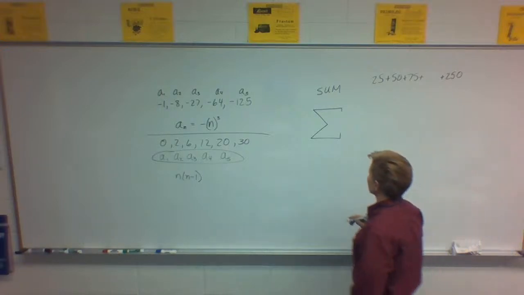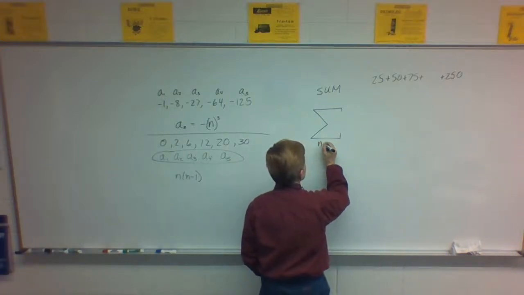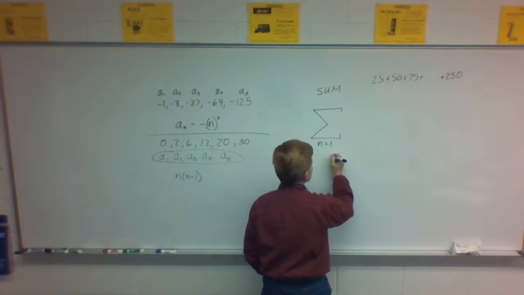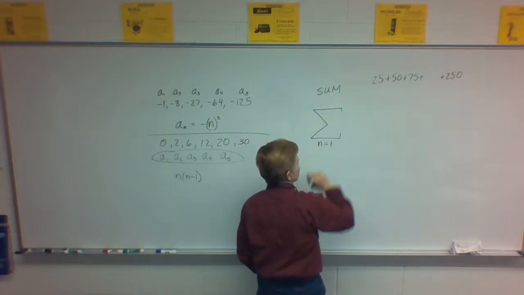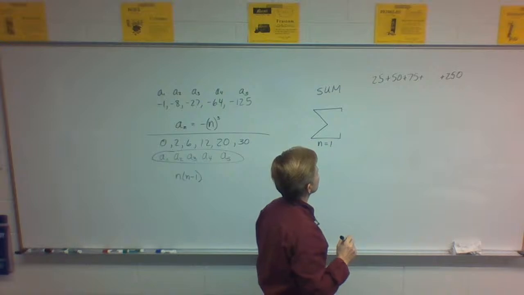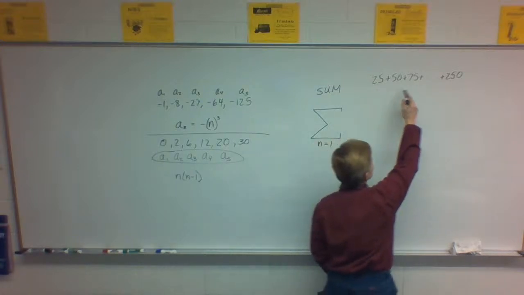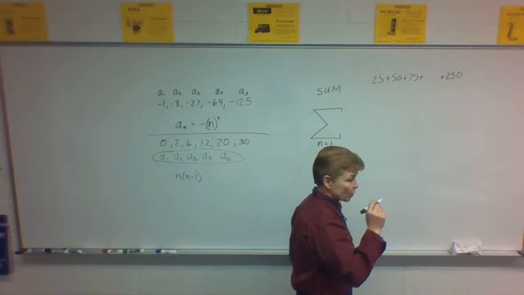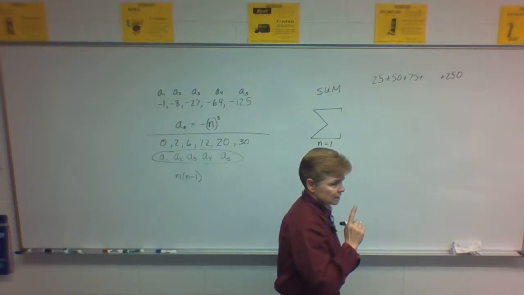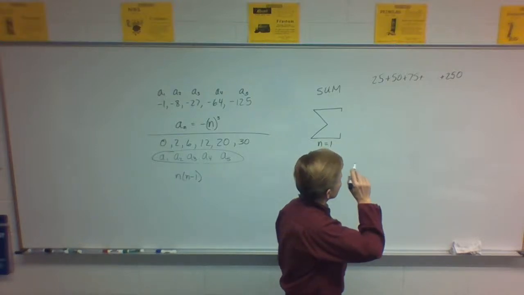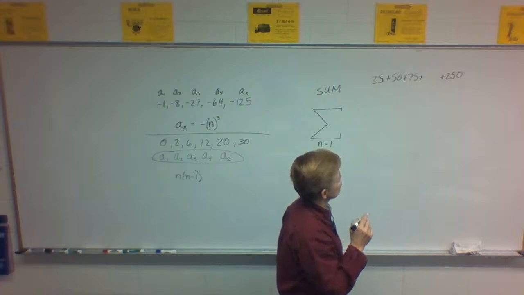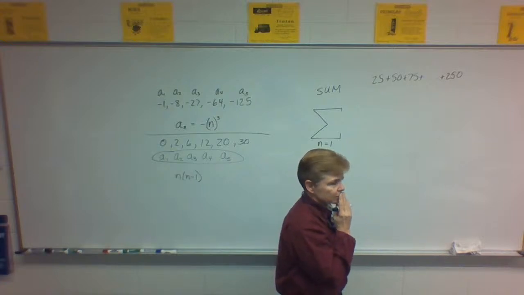And here's what we do. We write n equals usually 1, almost exclusively 1, to something up here, which we'll decide in a minute. And what goes here is the formula generator for this, as though it were a sequence. So if I put commas in between those, how could I write a rule for generating the next term?